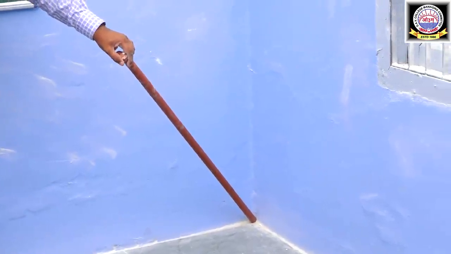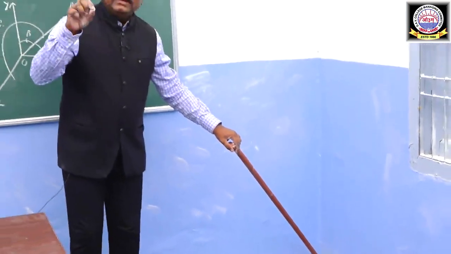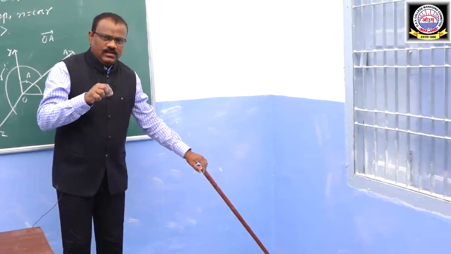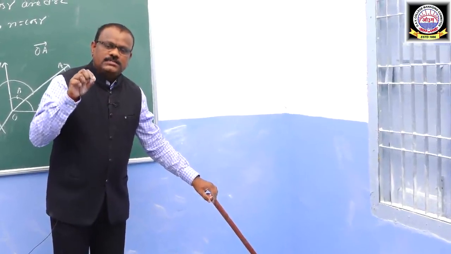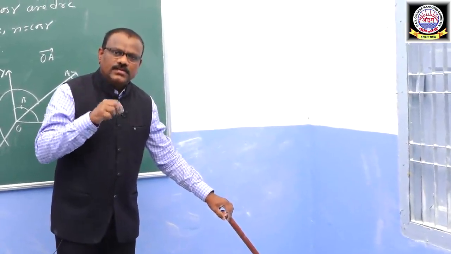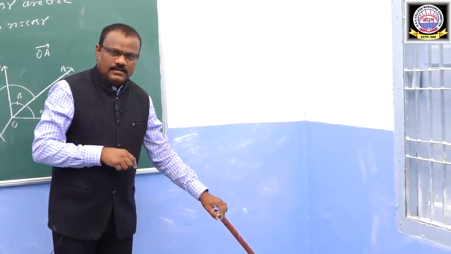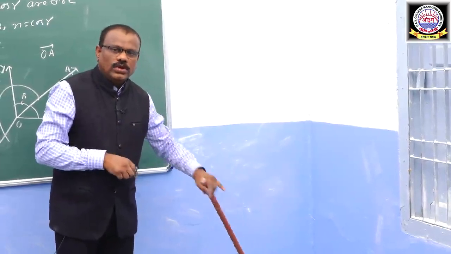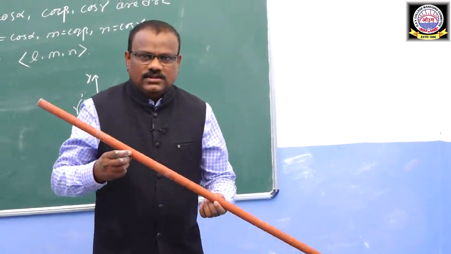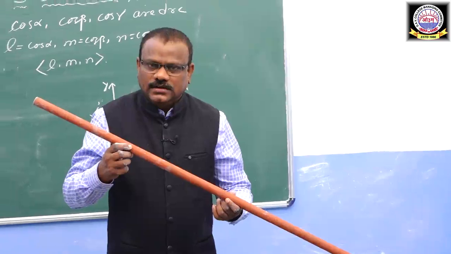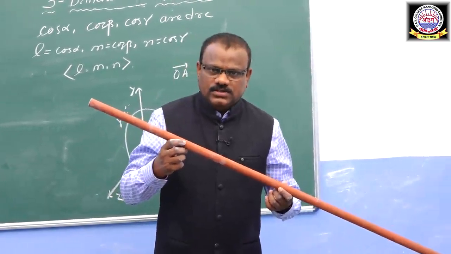Then the question arises, is it necessary, to find the direction cosine of a line or a vector, that it must start from the origin? Means if it starts from the origin, the angle looks better. So, the answer is no, it is not necessary to start the line or vector from the origin to find the direction cosine or direction ratio.